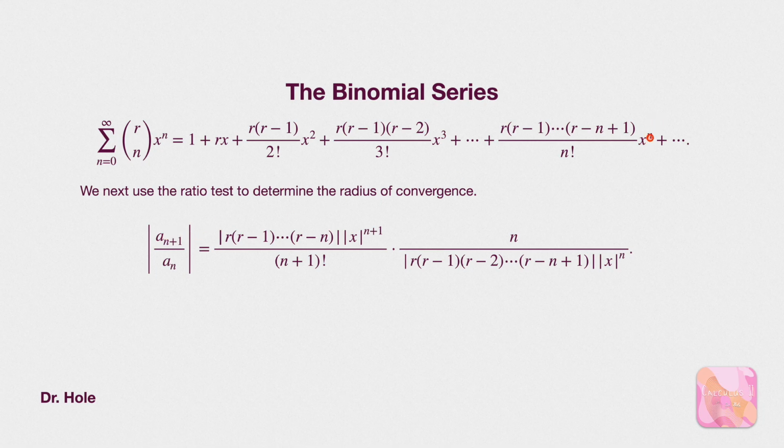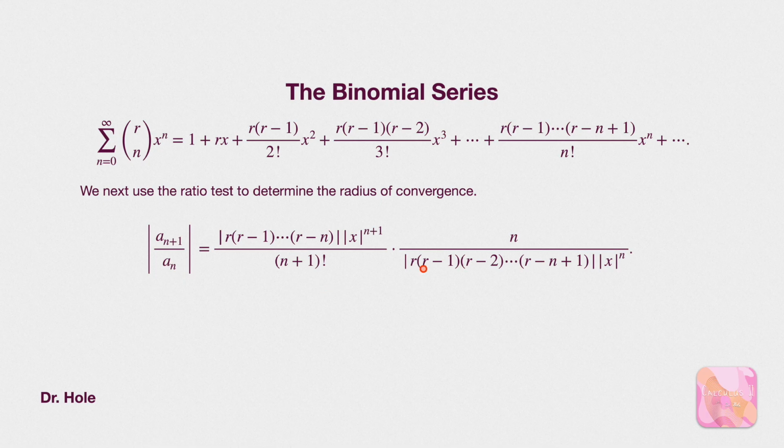Absolute of x raised to the n plus 1. And then this numerator, well, it begins at r, and then it goes down until you've subtracted away n, and then you add 1 back in. So we know that we're going to replace n for n plus 1. And then when we do that and distribute the minus sign, we're going to end up with the 1's canceling, so that the last factor in the expansion is r minus n.